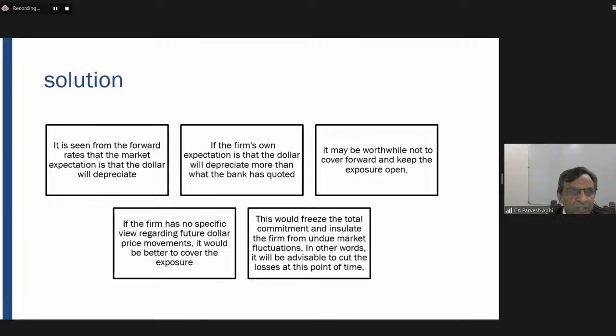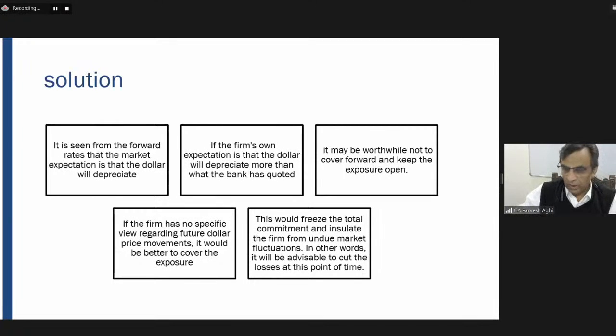This would freeze the total commitment and insulate the firm from undue market fluctuations. In other words, it will be advisable to cut the losses at this point of time. So basically, it is always advisable for companies to go for forward cover.